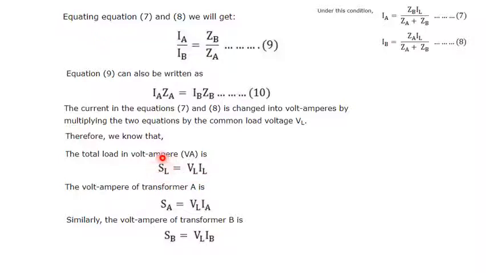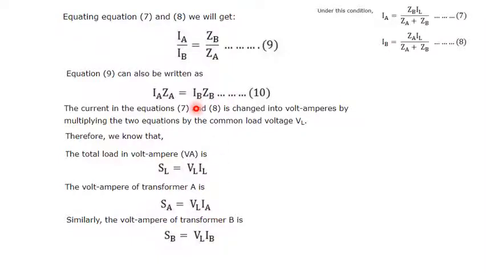Again, just go for this part, that is for transformer A. If you represent this in terms of volt ampere, this becomes SA is equal to VL into IA.